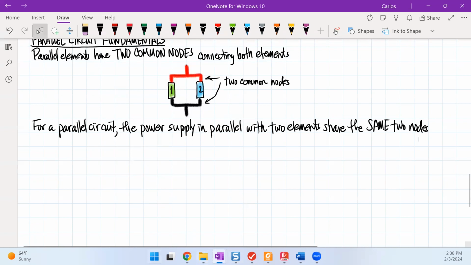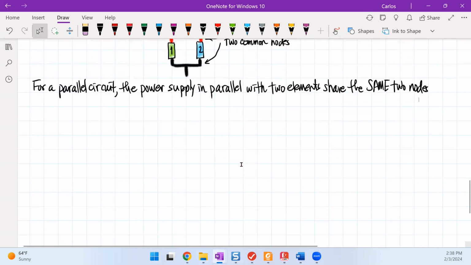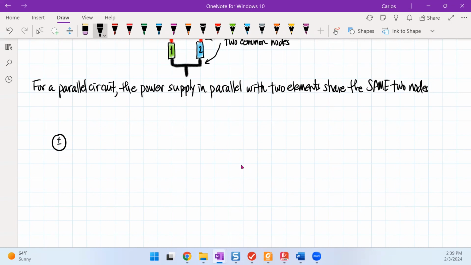So picture-wise, it's got to look something like this here. We can draw them a couple of ways. So let's say that I have a source that looks like this. Let's say this is 10 volts.